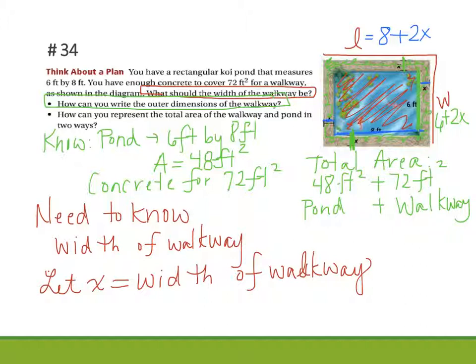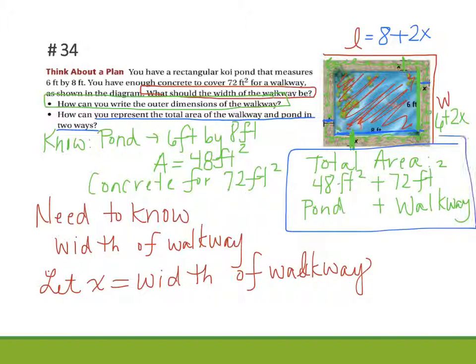Okay, then the second question that it asks us is, how can you represent the total area of the walkway and pond in two ways? Well, the first way I found here. I can represent the total area by taking 48 square feet and adding it to 72 square feet. That's a total of 120 square feet. So that's one way.